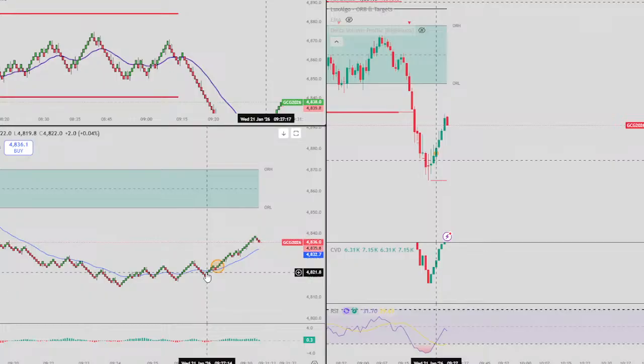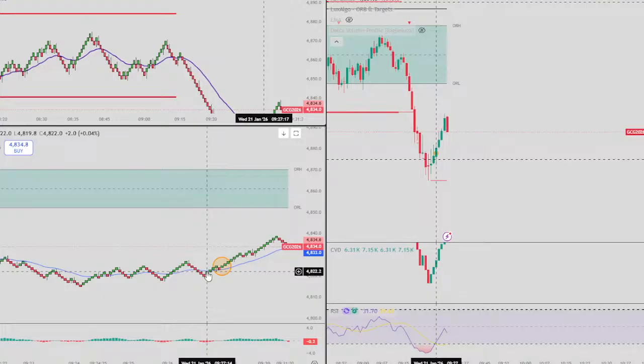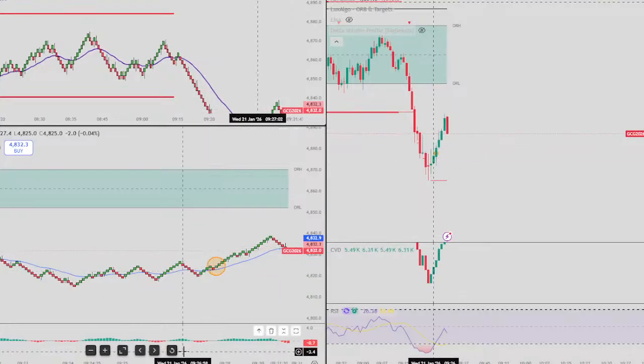I have to play back that because when I look at it, it looks different from what I remember.